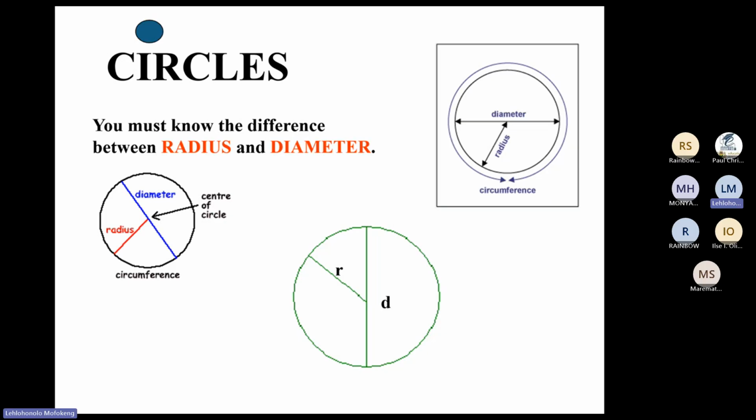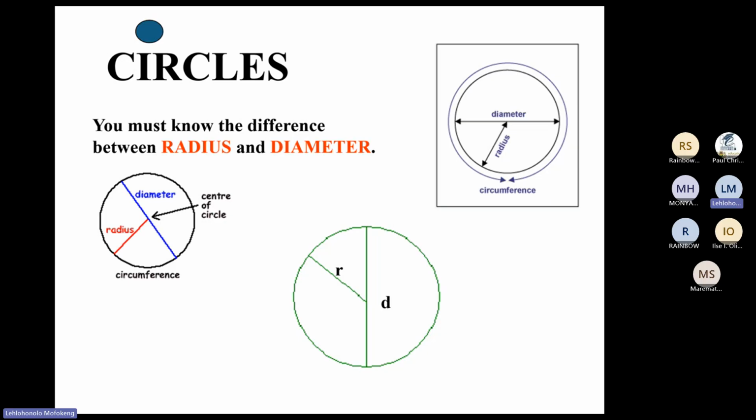We all know that the diameter is a line segment joining one point on the circumference of the circle through the center of the circle to the point on the other side of the center. So it must pass through the center.